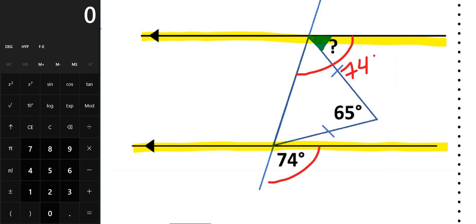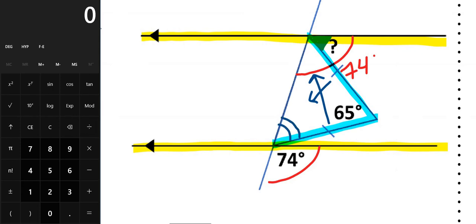Now notice that we have a triangle coming off of this transversal. This triangle is not just any triangle. It's an isosceles triangle. I noticed that because there are 2 tick marks there, which show me that the legs are congruent. So if this is an isosceles triangle, that means that the base angles, the ones across from the congruent sides, are themselves congruent.